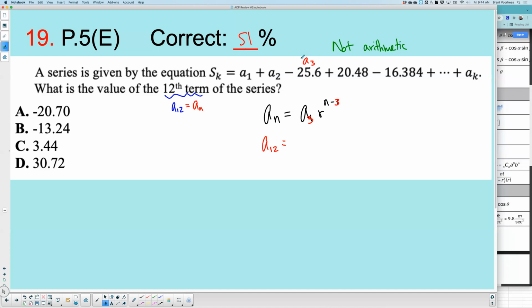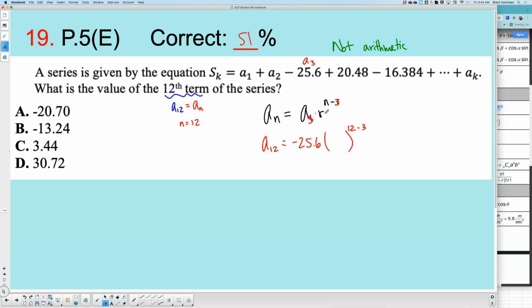I'm going to substitute here. A3 is negative 25.6. It's going to multiply times R, so I'll do a parentheses. I'm going to skip it for a second. And then the power, I'm not going to put an n. What is n? 12. I'm going to put a 12 there. So now here's the question.